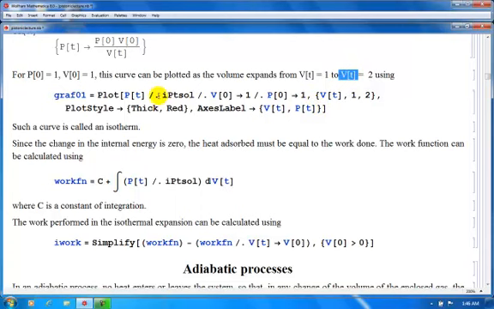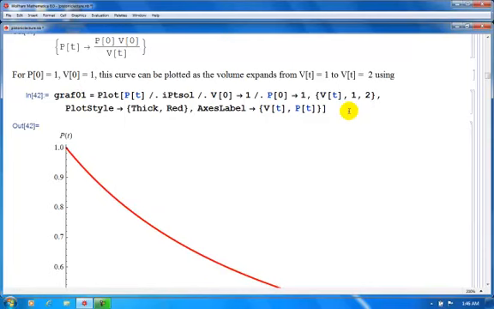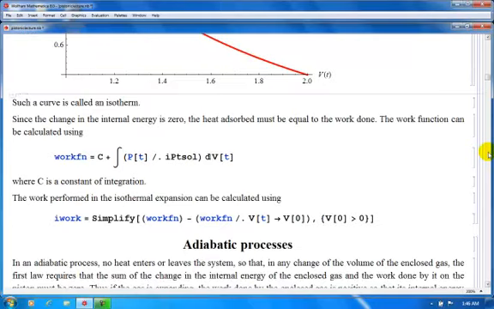So we take the pressure using the equation above, and then set the values in and plot the curve. So this is what it looks like, and we see that the pressure drops from its value 1 to a value 1/2 as the gas expands.